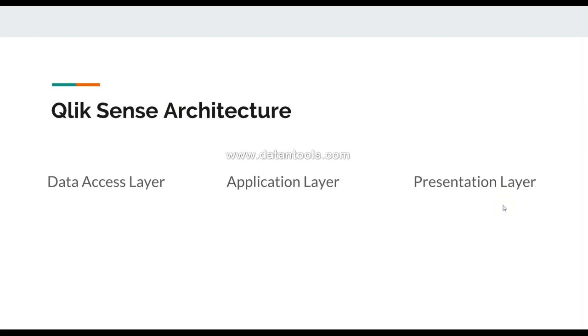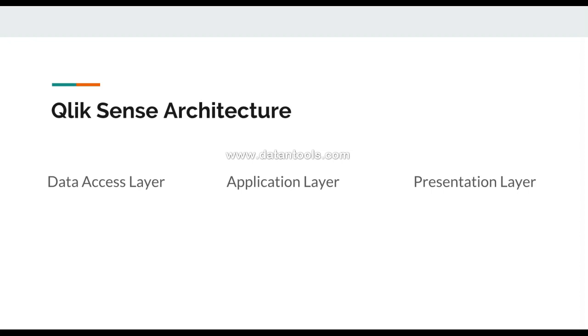Now in the presentation layer, two types of users come into the picture. First are your designers, who will design the presentation by creating different types of charts, metrics, filters, etc., which will be consumed by the end user, and that is your second type of user accessing the presentation layer.